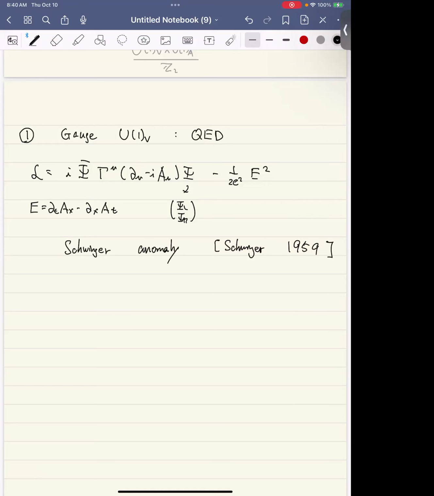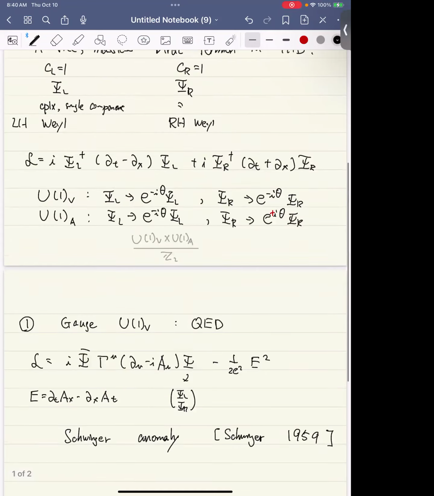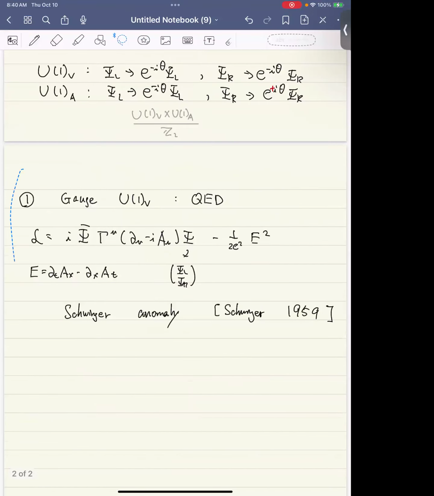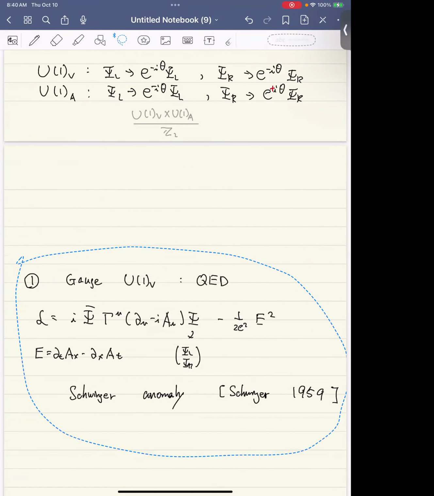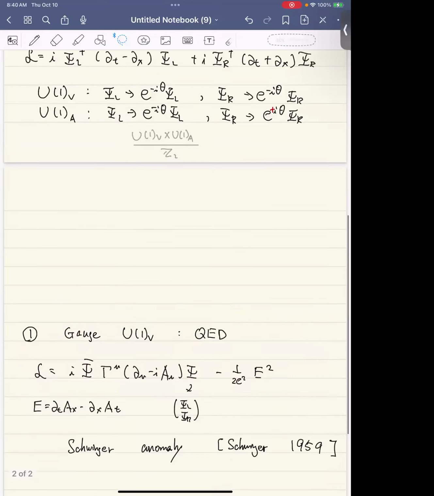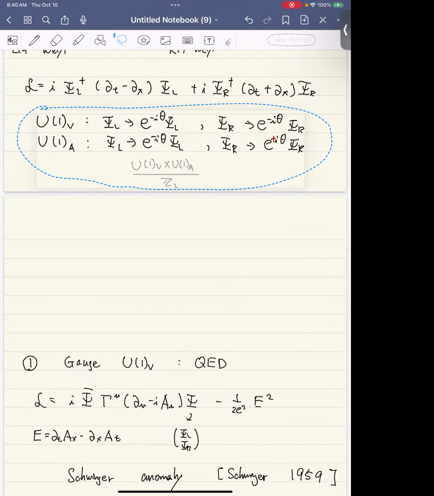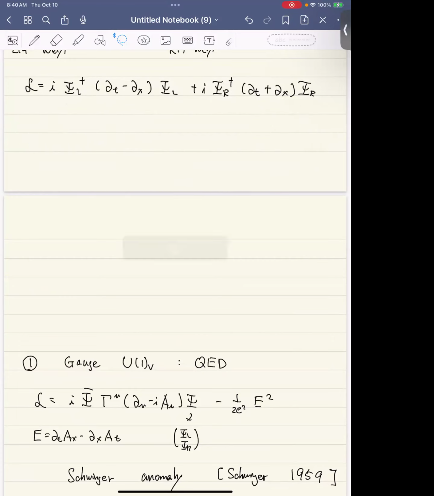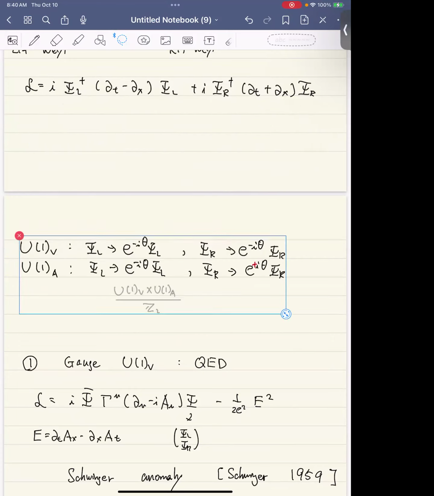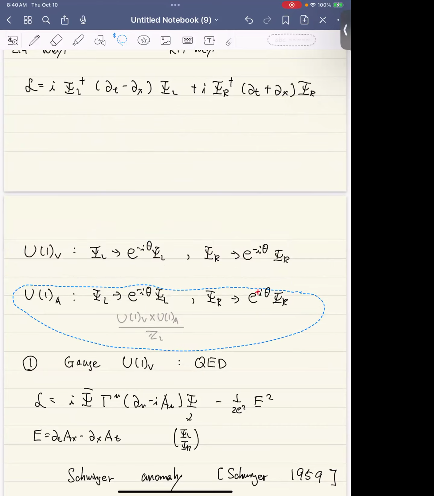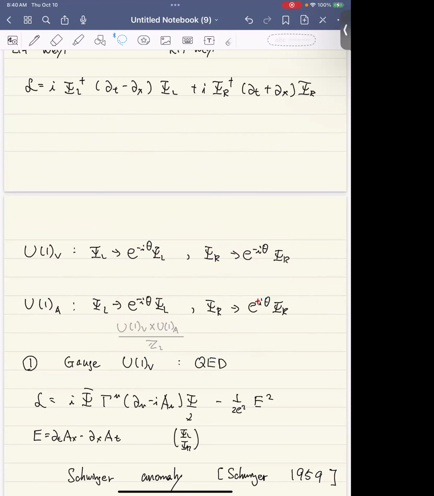Now, what's the statement of the Schwinger anomaly? So we have two symmetries, U(1)_V and U(1)_A. These are ordinary U(1) global symmetries.